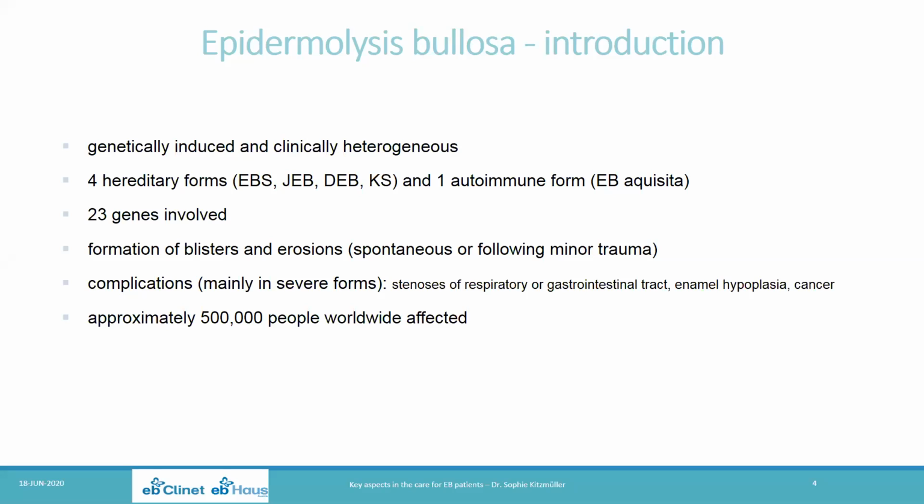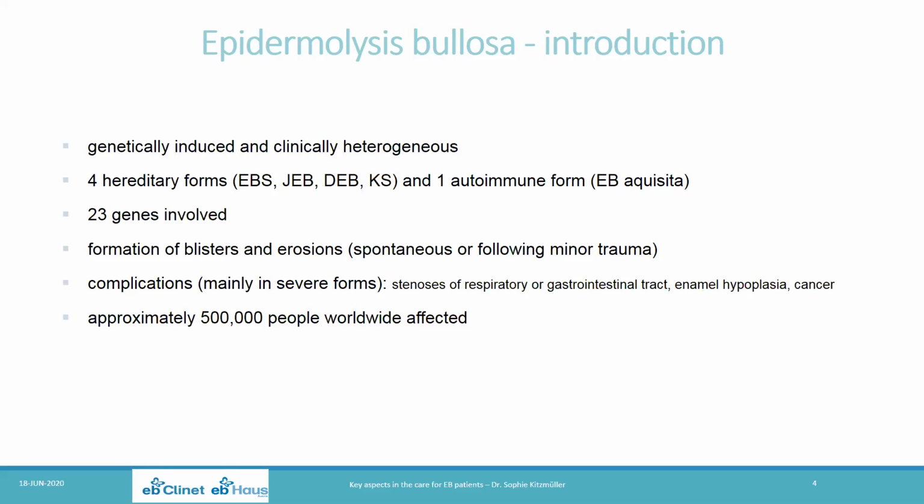There's also enamel hypoplasia, and in later life, for these patients, and mainly for severe forms, there's also an aggressive form of cancer called squamous cell carcinoma, which is a main complication for the patients.